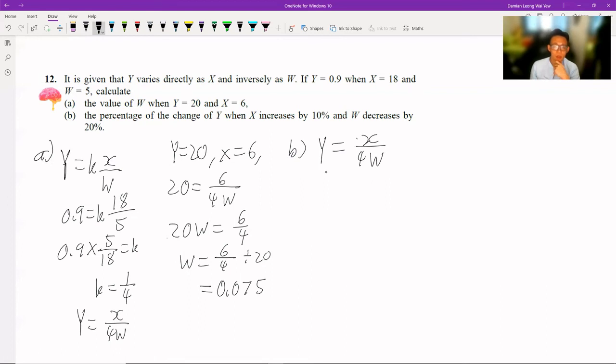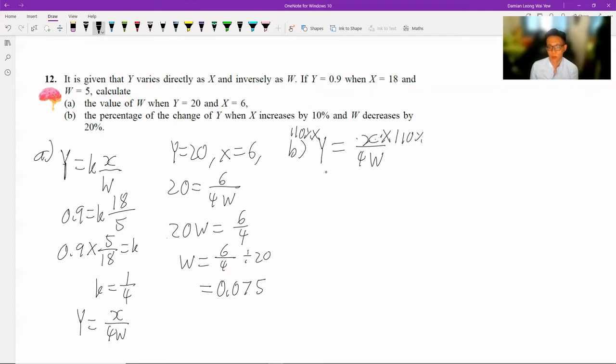So I need to compare how it will change if I increase this by 10%. Increase by 10% means times 1.1, or times 110%. So if I times 110% here, I also times 110% here.